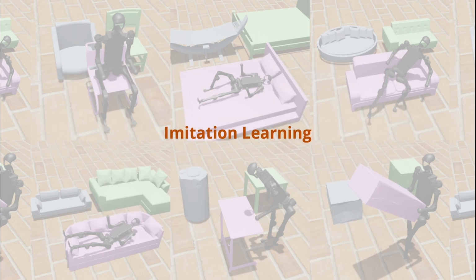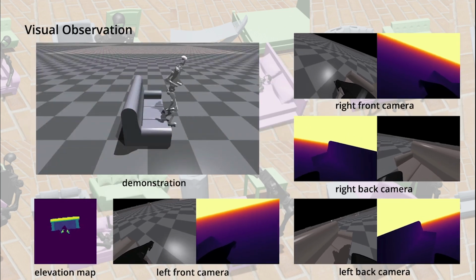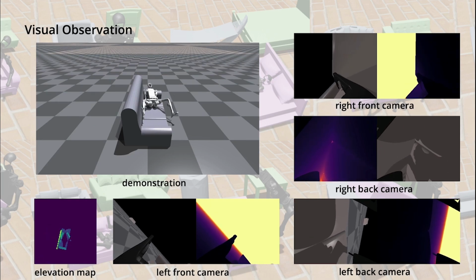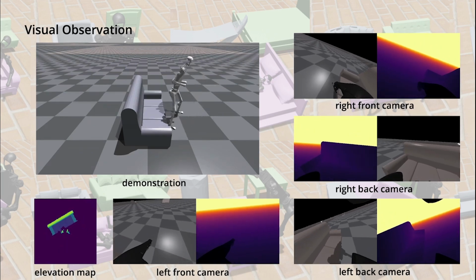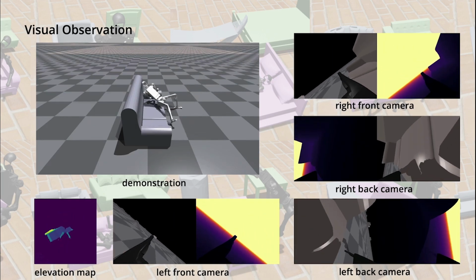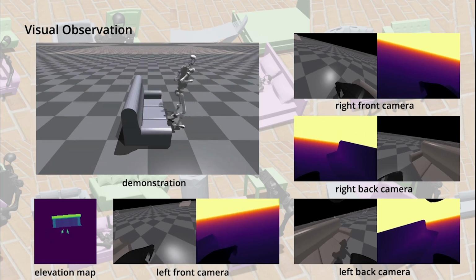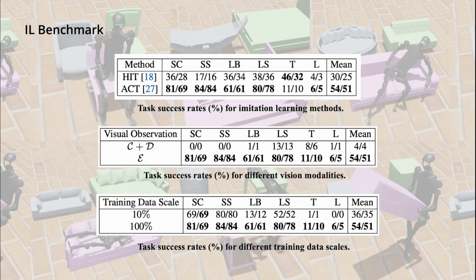The imitation learning module aims to train a generic humanoid agent using humanoid skill demonstrations. The visual observations of the humanoid include color images from 4 egocentric cameras and their corresponding depth images, combined with an elevation map. We compare the performance of combining 2 imitation learning methods, HIT and ACT, with the optimal retargeting and tracking algorithms.